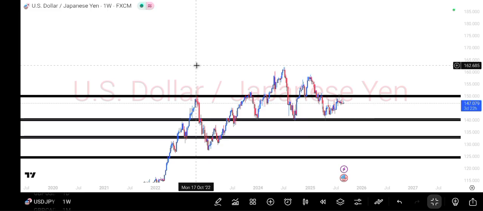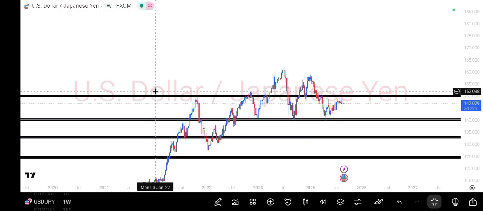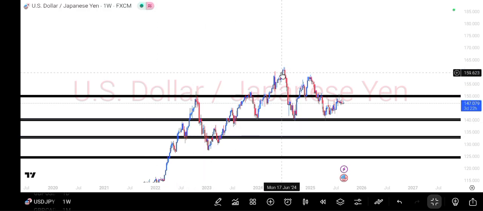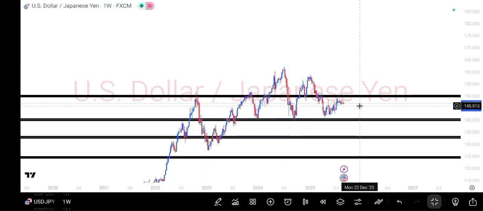So don't forget, the monthly time frame already pointed to the downside for us, which is a sell market. And if we plot a trend line, we already have something like this coming down. So the monthly time frame is telling us that we are possibly going to sell to this support region here. Now we'll go to the weekly time frame.